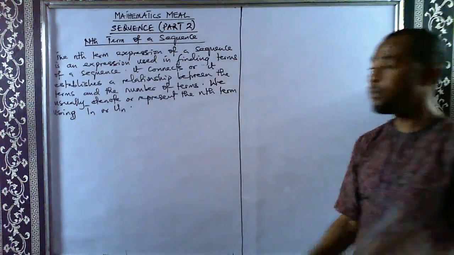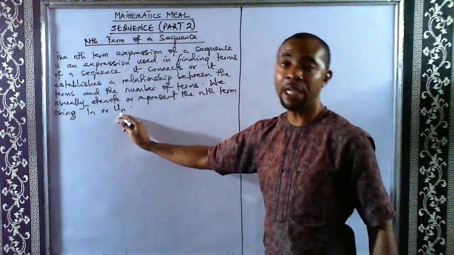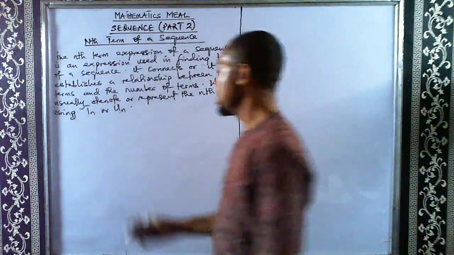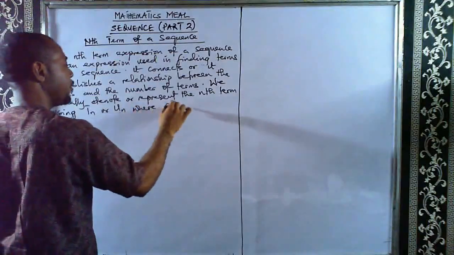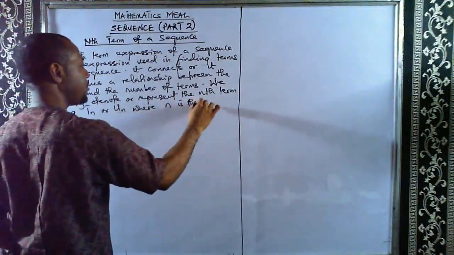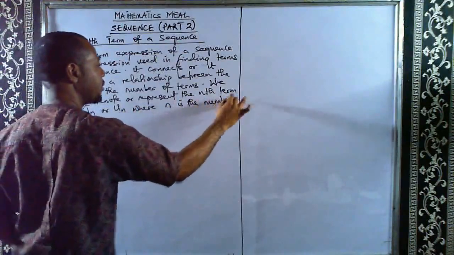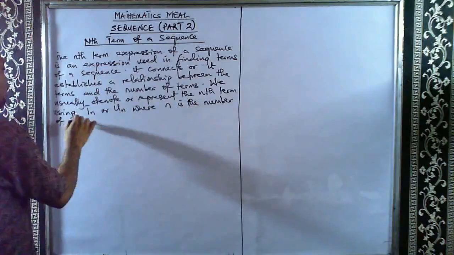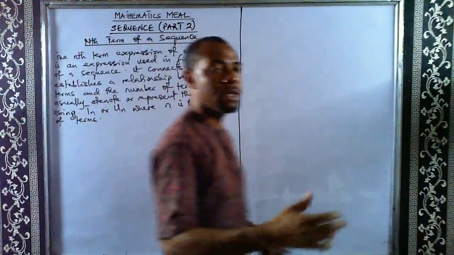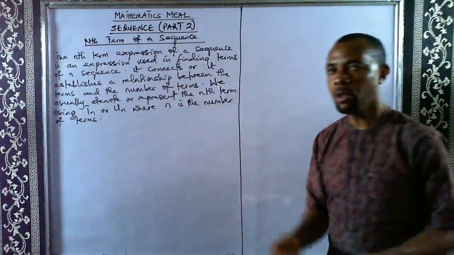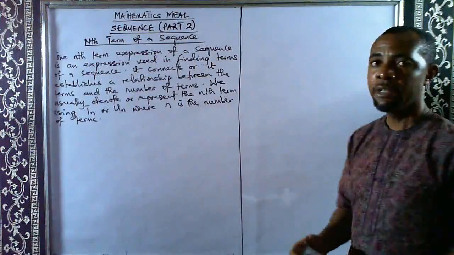Now in our last video, I think I talked about n, the number of terms. So I can add here where n is the number of terms. Now let's look at what the n-th term is all about from a sequence.